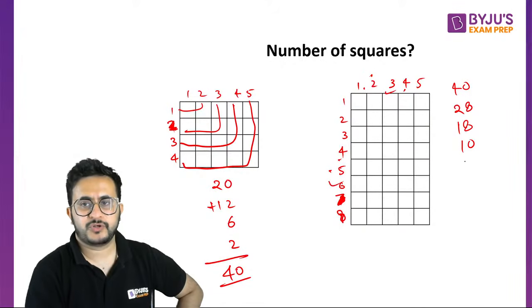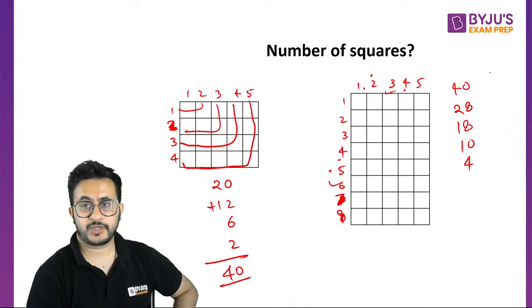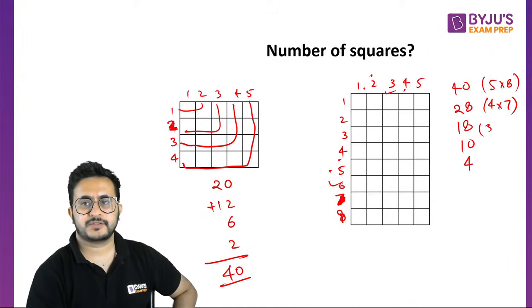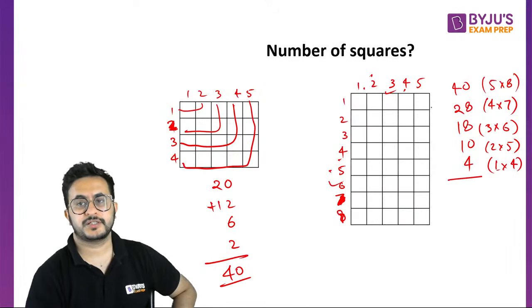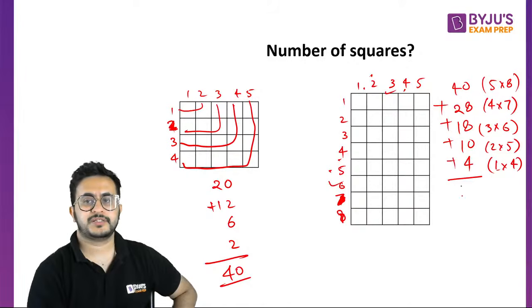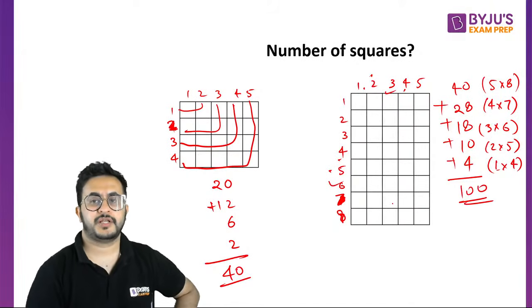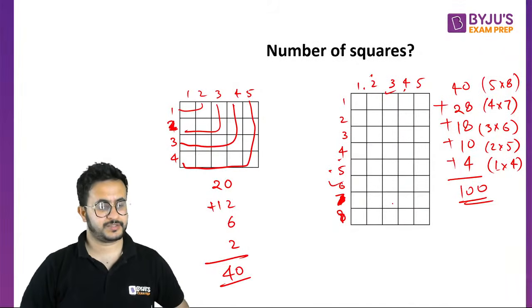And 1 into 4, 4. Okay. So it is 5 into 8, 4 into 7, 3 into 6, 2 into 5, and 1 into 4. So just add these: 68, 86, and that is 100. So there are a total of 100 squares.